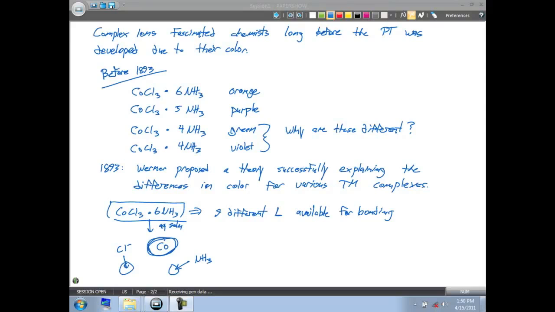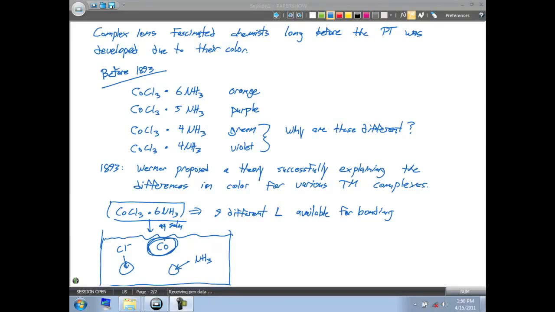If I have a particular solution right here containing all of these species, how could I tell or how could I prove if there were chloride ions in there versus ammonia? What's some type of reagent that we could look at to determine this? What's that? Silver. Silver would be perfect, right?